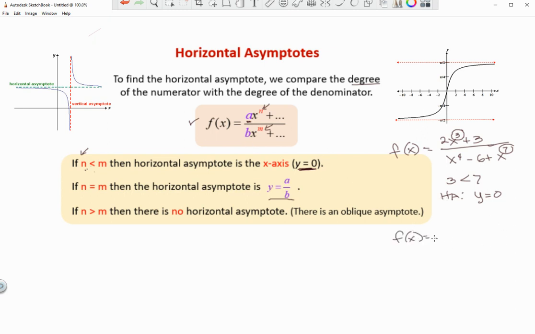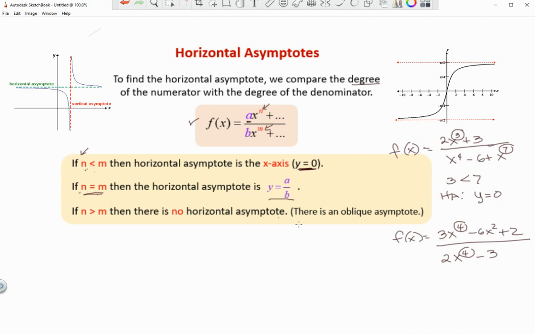Let's have an example of that. Let's say f of x equals 3x to the fourth minus 6x squared plus 2 over 2x to the fourth minus 3. First we need to compare the degrees. What is the degree in the numerator? You have 4. What is the degree in the denominator? You have 4. So n is equal to m.